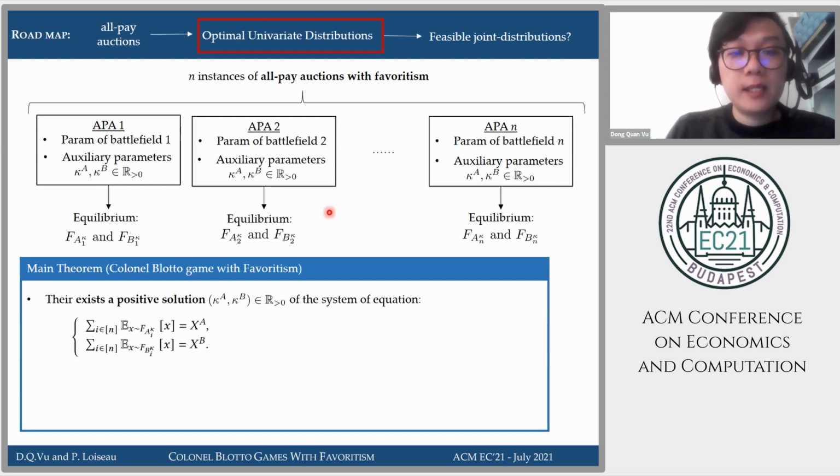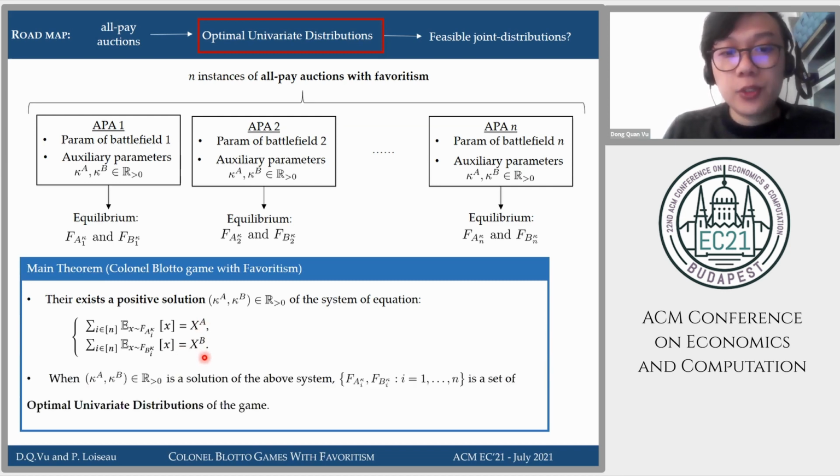We claim that there exists a pair of parameters kappa A, kappa B, such that when players allocate according to FA kappa and FB kappa, in expectation, their allocations have the summation equal exactly the budgets SA and SB here. The second result is that for every solution of this system, the FA kappa and FB kappa constitute a set of optimal univariate distributions of the game.